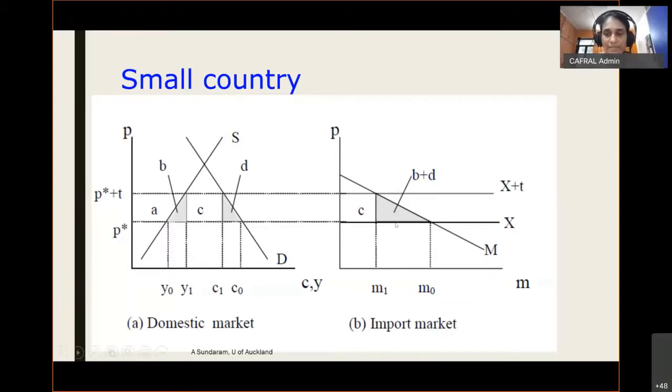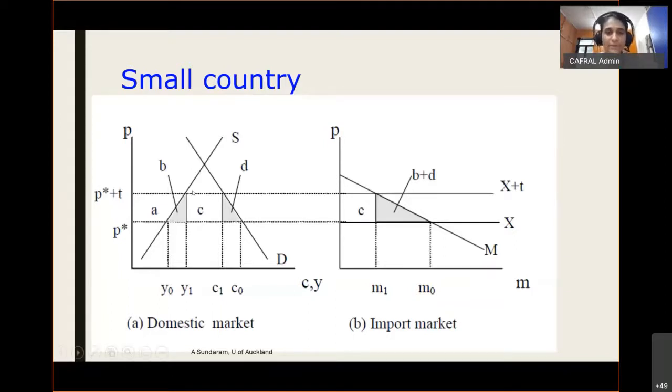And so the price goes up and the export supply curve shifts up from X to X plus T. That means the price has gone up from P star to P star plus T. At that higher price, your consumption is C1, production is Y1, and the difference is the new level of imports. And as you can see, imports have gone down because you have a tariff now. Okay? So that's the impact of the tariff on imports.